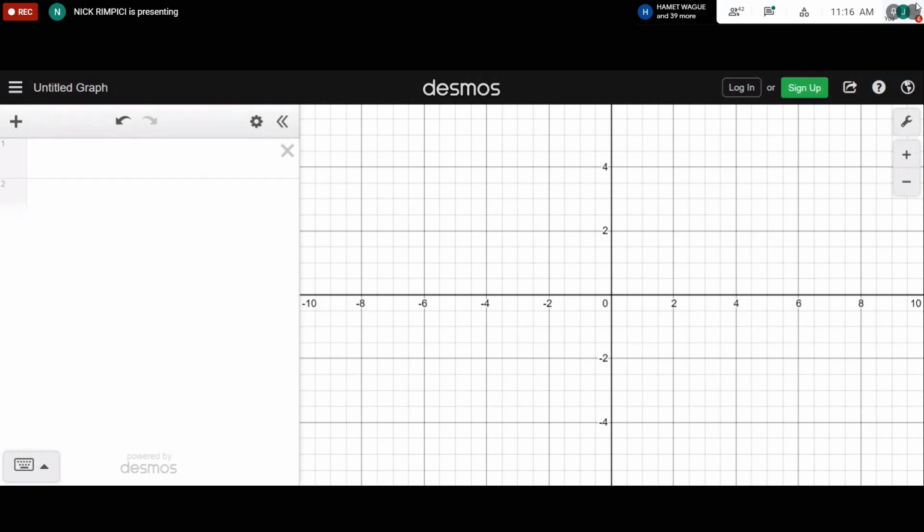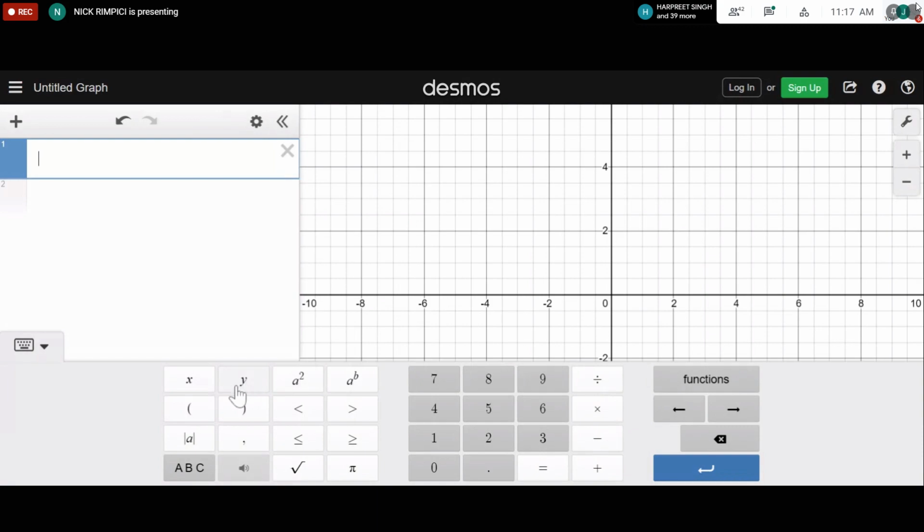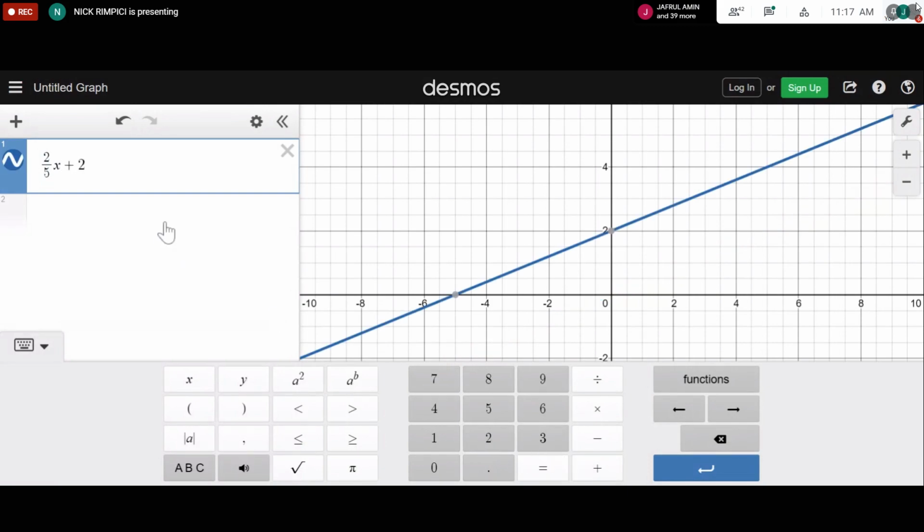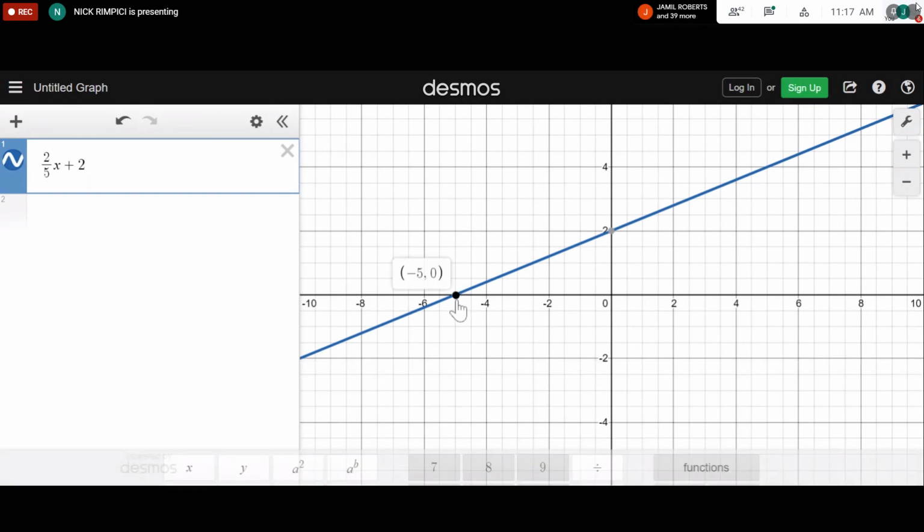The line we're trying to graph is 2/5 x plus 2. And it has to include, what were the coordinates? They were 5, 4, and negative 5, 0. Well, look at this. I know for a fact it's got negative 5, 0 on it.